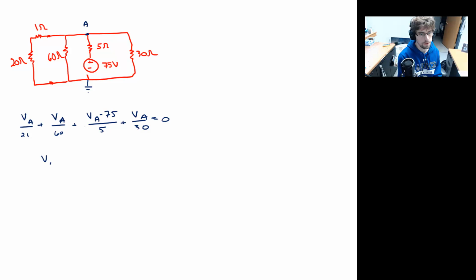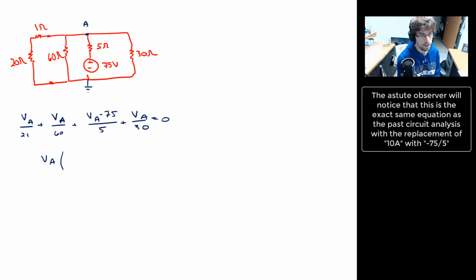So you get what? VA, it's 1 over 21. So again, we get VA times 25 over 84 is equal to, well, this 75 over 5, that's 15.